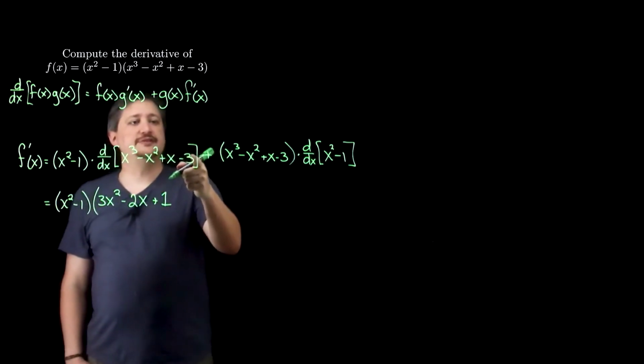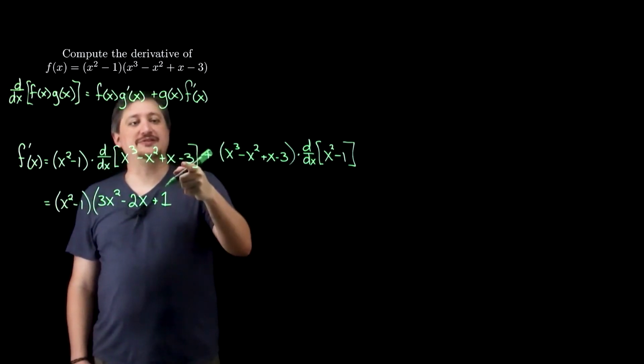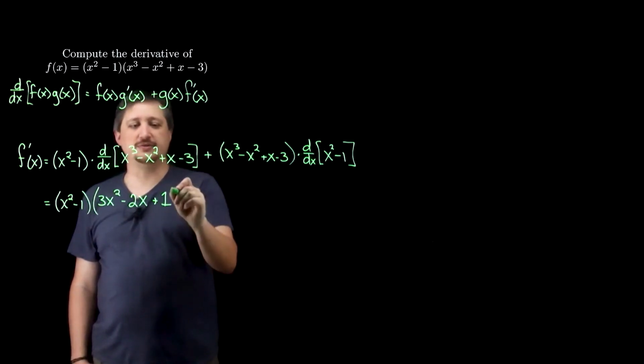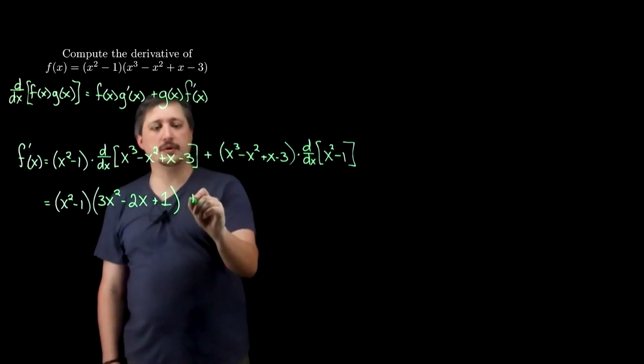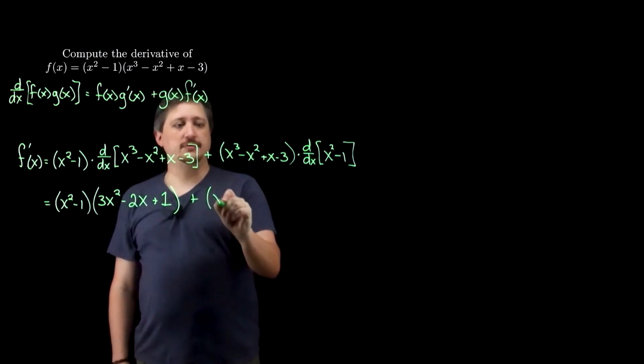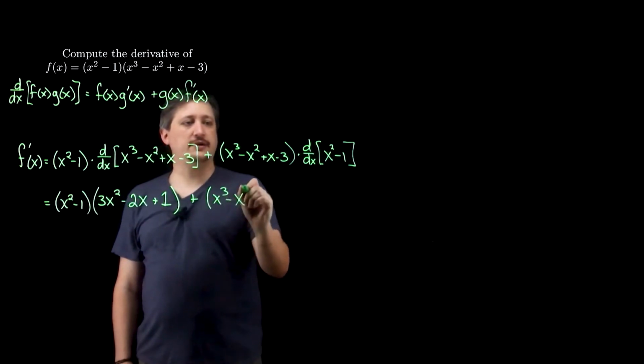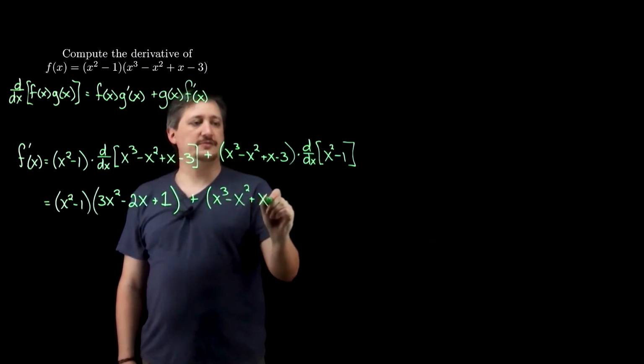And really, this is 3x to the 0. If I brought the 0 down and subtracted 1, this whole thing gets killed off. The derivative of a constant is 0. So then I have x cubed minus x squared plus x minus 3.